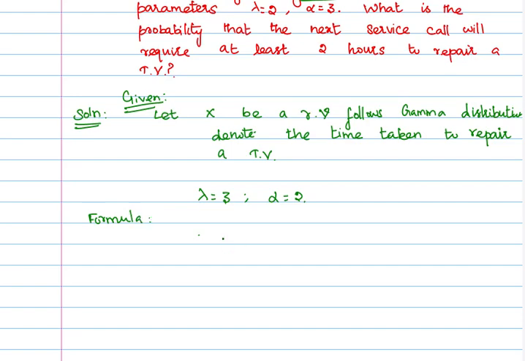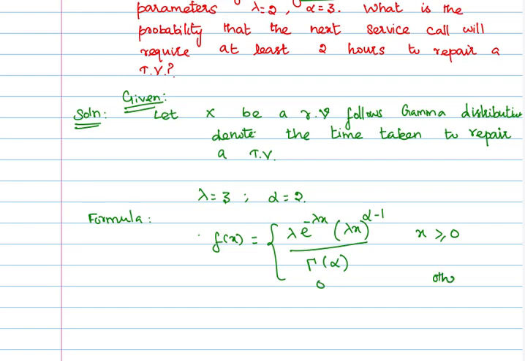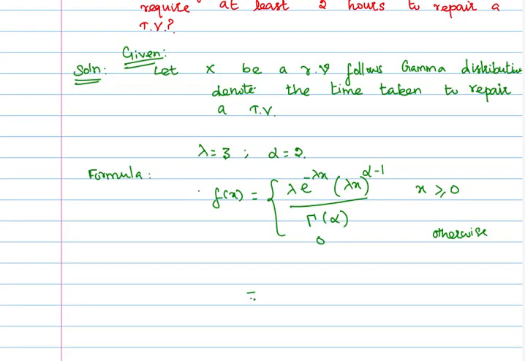Then you write the formula: f of x equals lambda times exponential of minus lambda x times lambda x to the power alpha minus 1 divided by gamma of alpha, whenever x is non-negative, 0 otherwise. This is what you first want to understand. You first write it, then you apply the lambda value here.